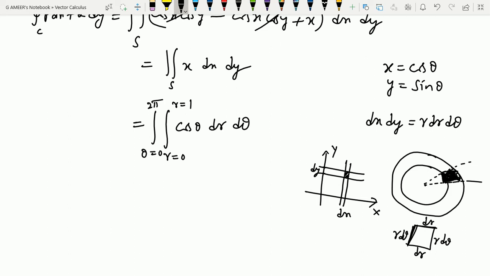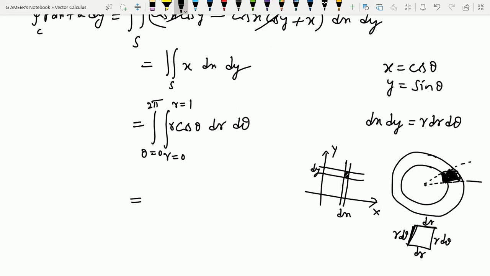The r integration: r dr will be r square by 2.